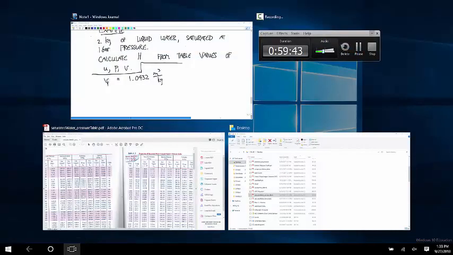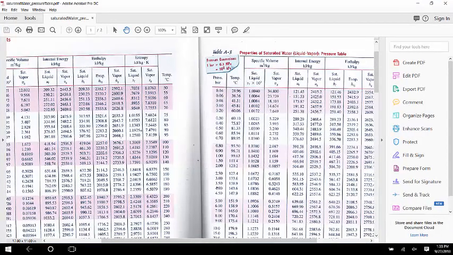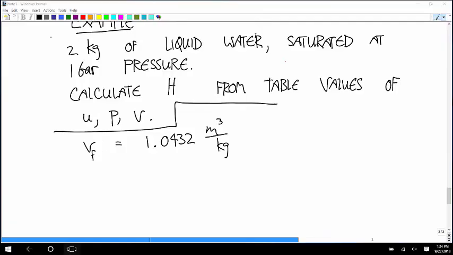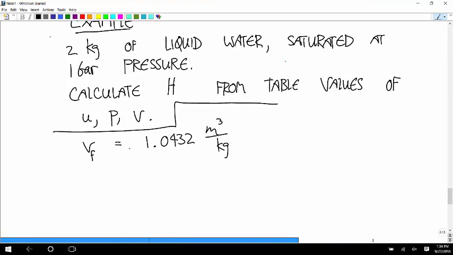And then we have to calculate pressure. Oh, well, we're given the pressure. That's 1 bar. You can't do this calculation if your units don't match. So our pressure is 1 bar, and that's equal to 1 times 10 to the 5th pascals. And then the last thing we need is the specific internal energy.